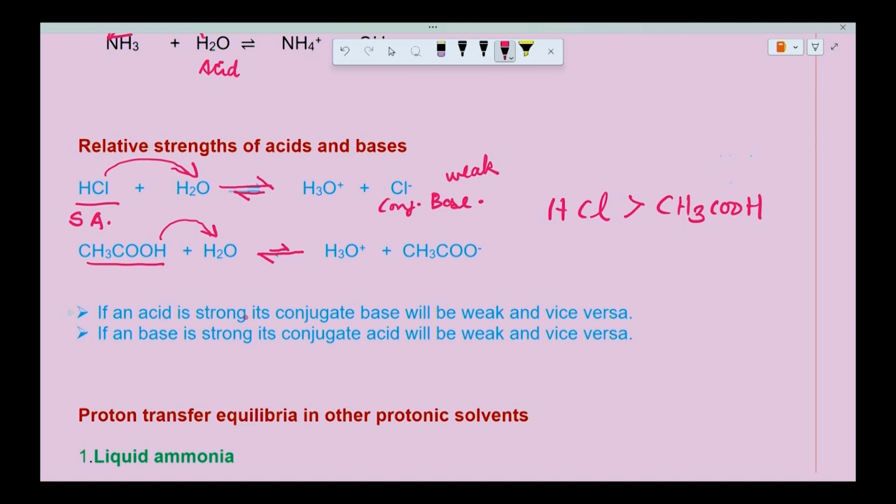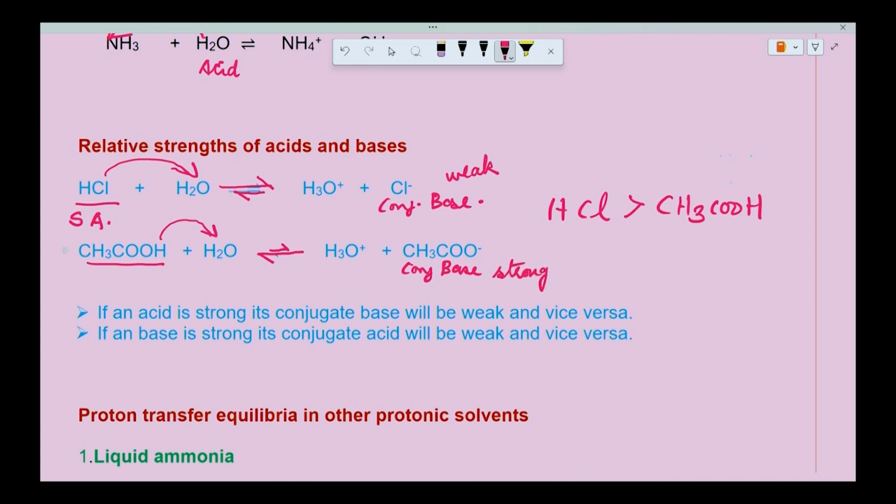If an acid is strong, its conjugate base will be weak, and vice versa. Again, here you can see that acetic acid donates a proton to water not to that much extent, and therefore acetate ion, which is ready to accept a proton, is the conjugate base of that acid, but it is a strong base.